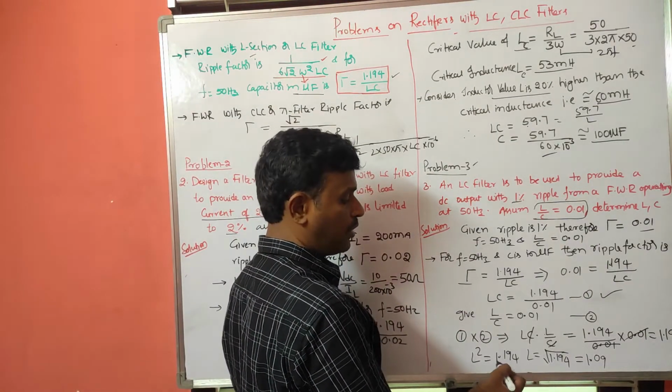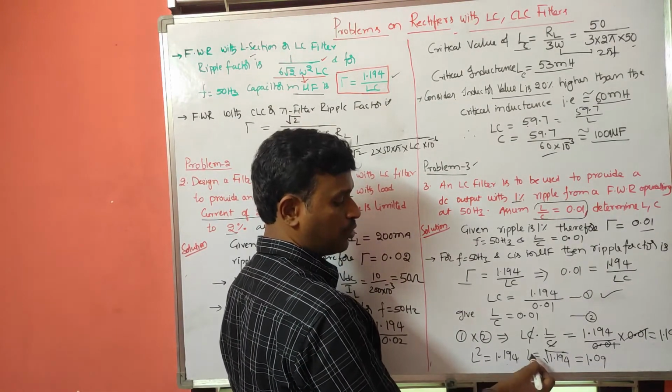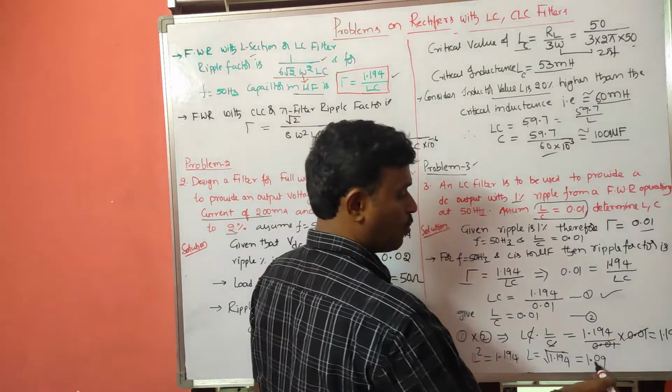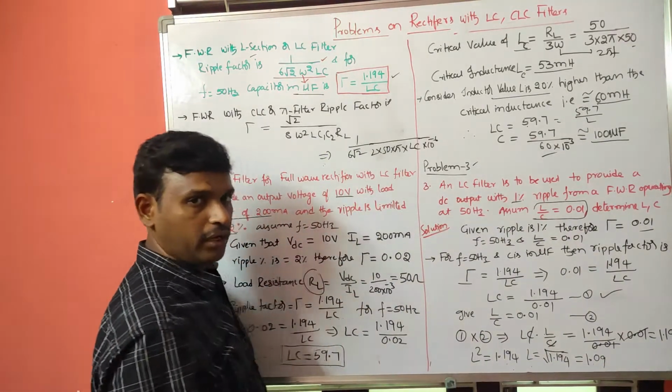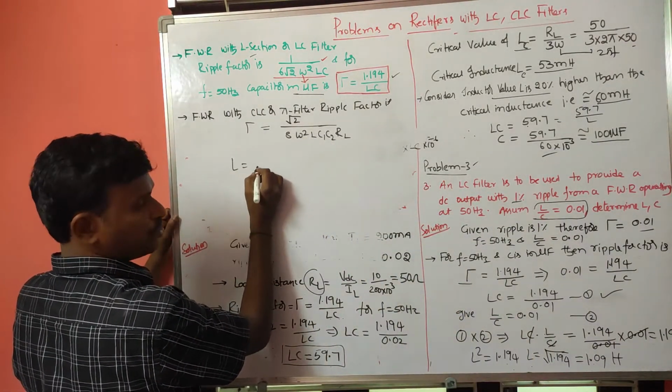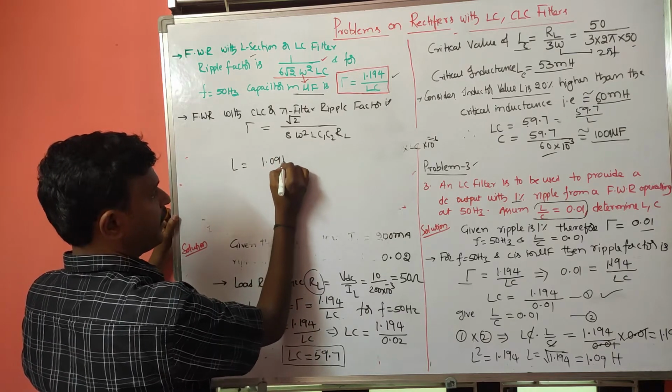So L is equal to the square root of 1.194, that is 1.09. So we got L equal to 1.09 Henry.